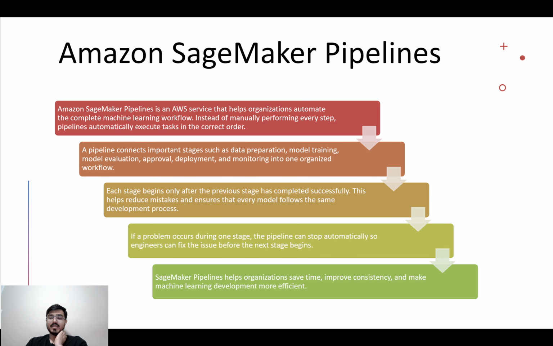Instead of manually starting every machine learning task, engineers create one automated pipeline. This pipeline connects important stages such as data preparation, model training, evaluation, approvals, deployment, and monitoring. Each stage starts only after the previous stage finishes successfully.